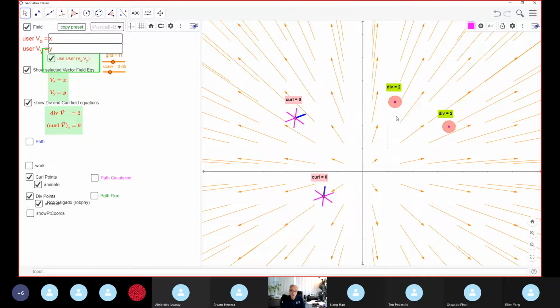So it's a source, flashing in pink color. Divergence positive is a source. And this is completely irrotational, no rotation at any point. That is the reason this vector field is conservative. Cool?